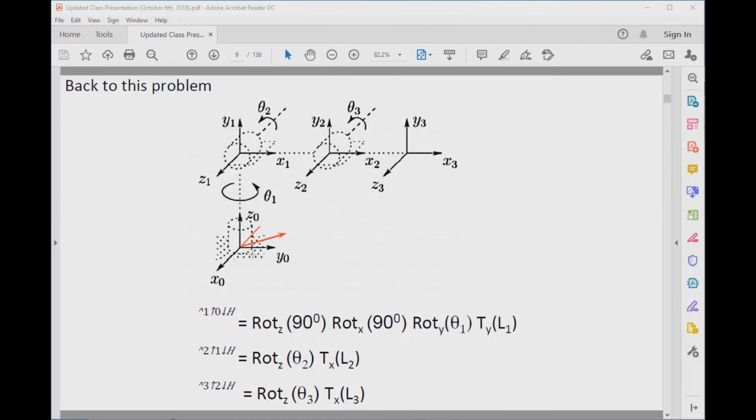If I project this after rotation theta 1, and this angle here is theta 1, then your x component is going to be minus sine theta 1, because it's pointing along the minus x0 direction. How about along y0? It is cosine theta 1.